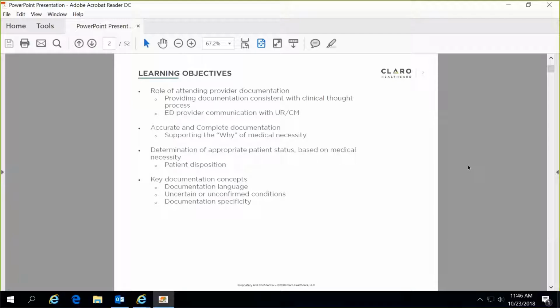So our learning objectives for this presentation are the role of the attending provider. We'll also talk about the ED provider's communication with the provider and UR and case management, in what they're seeing, the presentation of the patient. But we definitely are going to talk a lot more about their clinical thinking, thinking in ink, and getting your thoughts on paper.